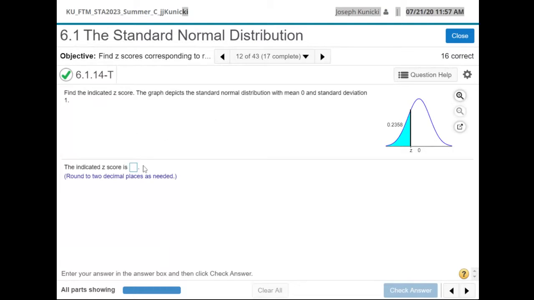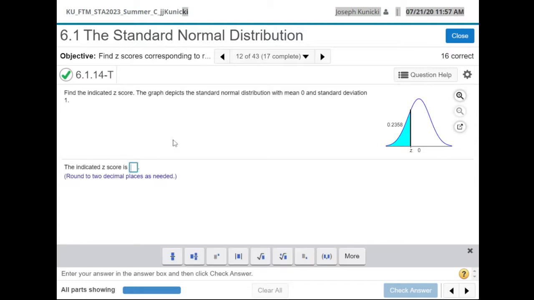Then it goes to the mean, the 1, and a paste. I got 0.2358, and put a right parenthesis. And then it says negative 0.7198. That's it. That's the answer. Negative 0.72. That's the answer.